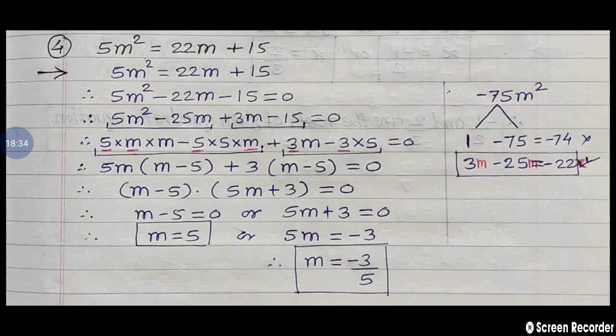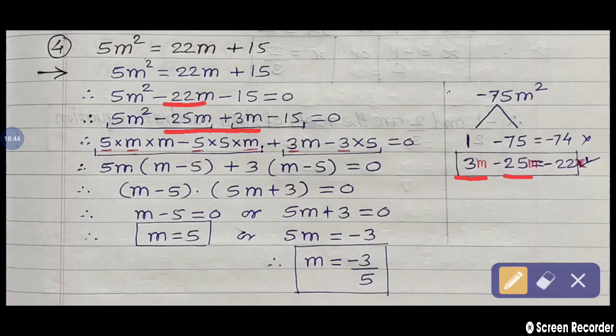So the middle term is split into minus 25m plus 3m. You change this order: write minus 25m first and then 3m afterward, because the first term is 5m square, and in the table of 5 we get the factor 25. 5 fives are 25.